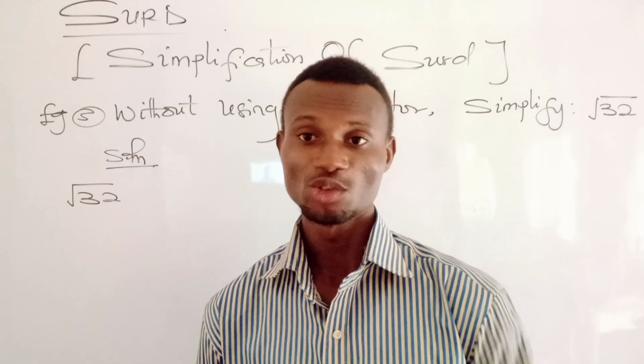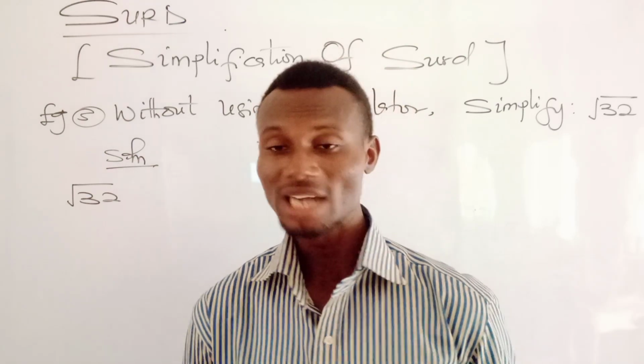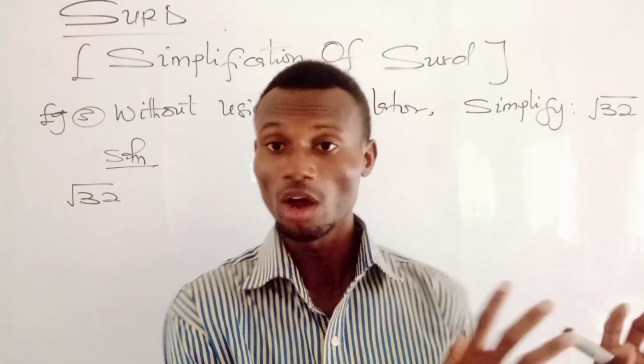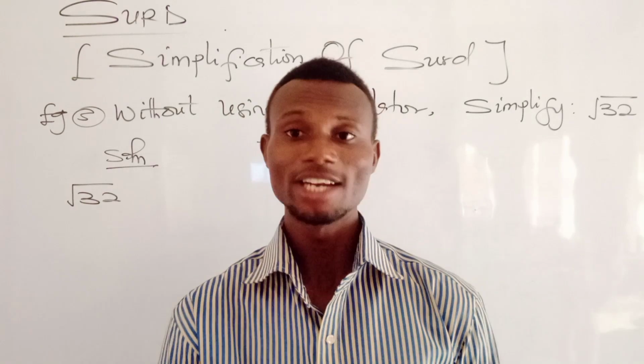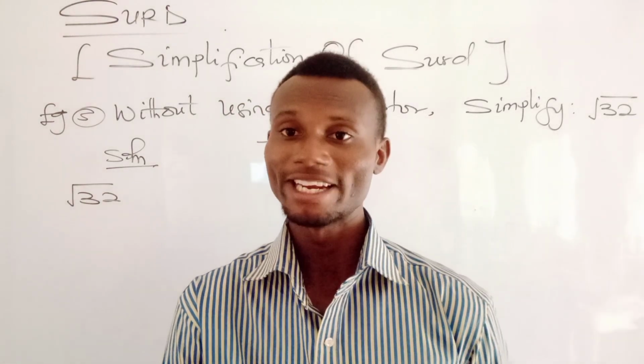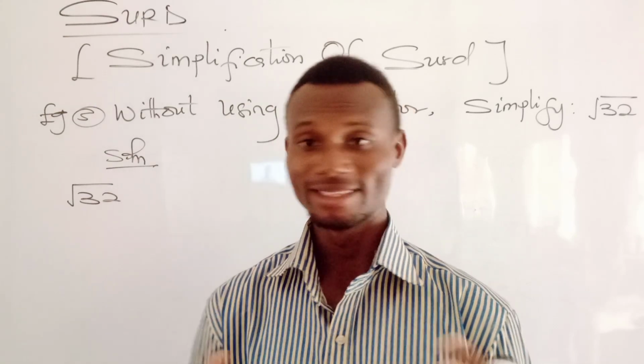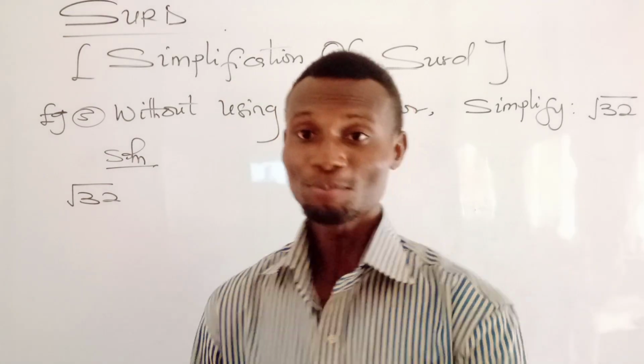I advise you to list all the possible two numbers that can multiply to give you back the 32. You list all of them down, so that you then go ahead and identify the one which has a perfect square in it. I've done an example of that in the previous videos.